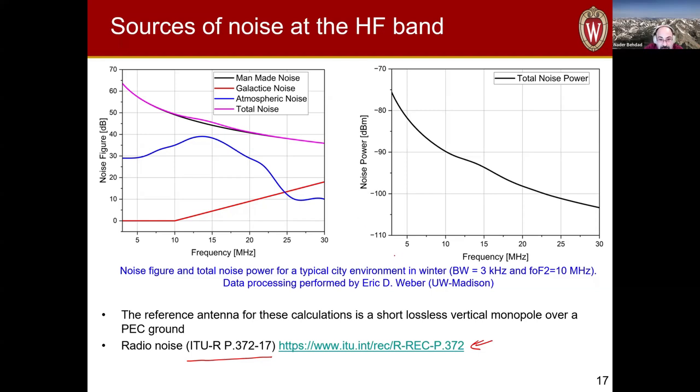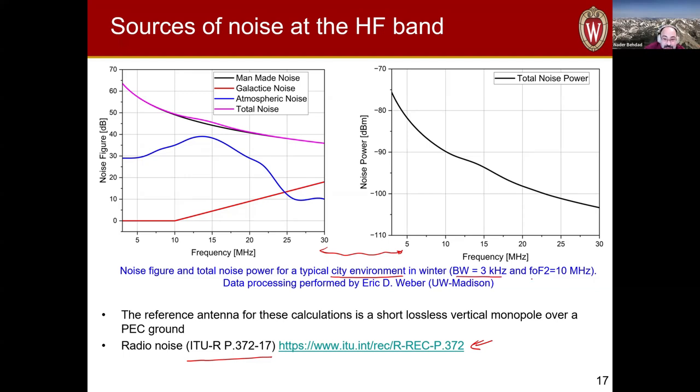So in this slide, I'm actually showing some of the numbers that we generated for a given case. In this case, for example, we assumed that we're looking at a typical environment in the city. So let's say, for example, downtown Chicago, and we're looking at a bandwidth of 3 kilohertz.